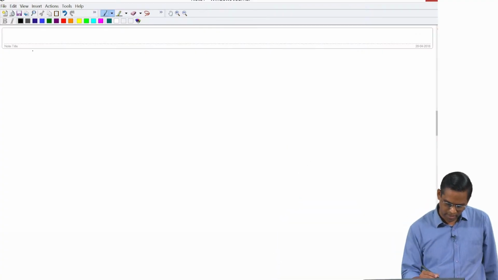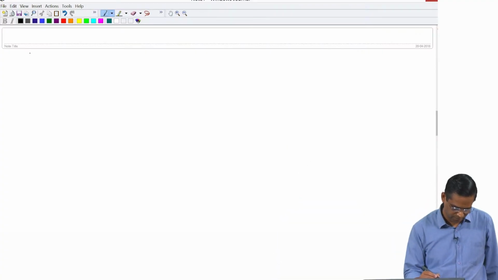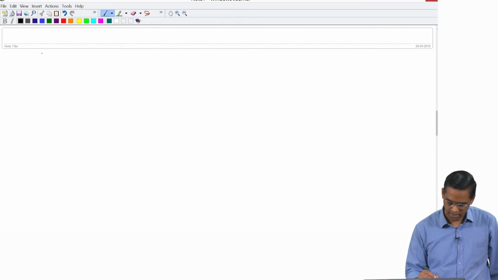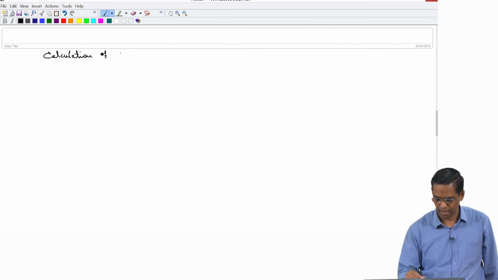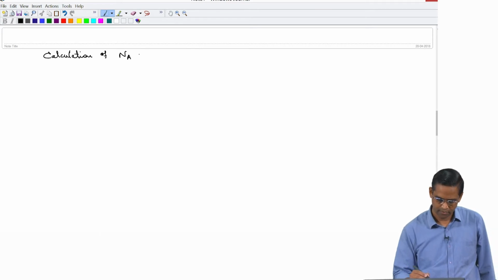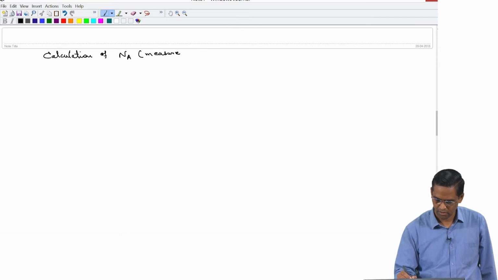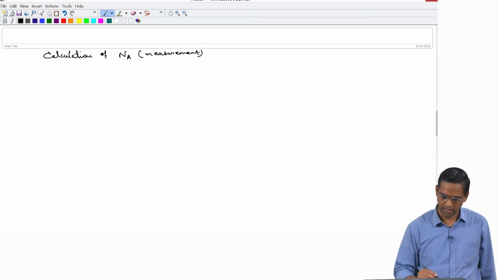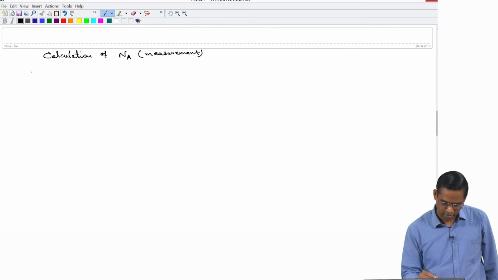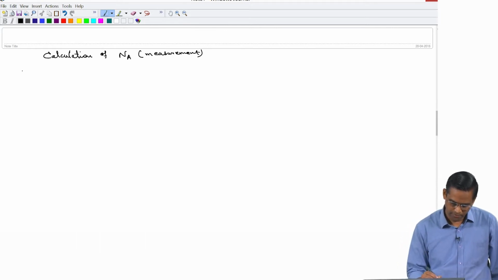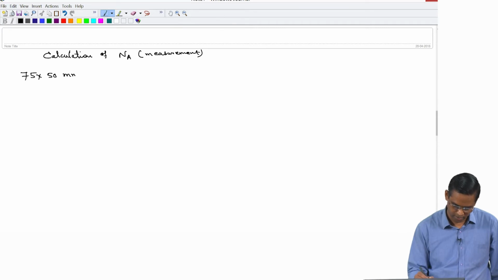So, the area what we have measured in the, let us write calculation of Na, or basically a measurement, not exactly a calculation. So, we will see we have taken the probe of a dimension 75 into 50 mm square.